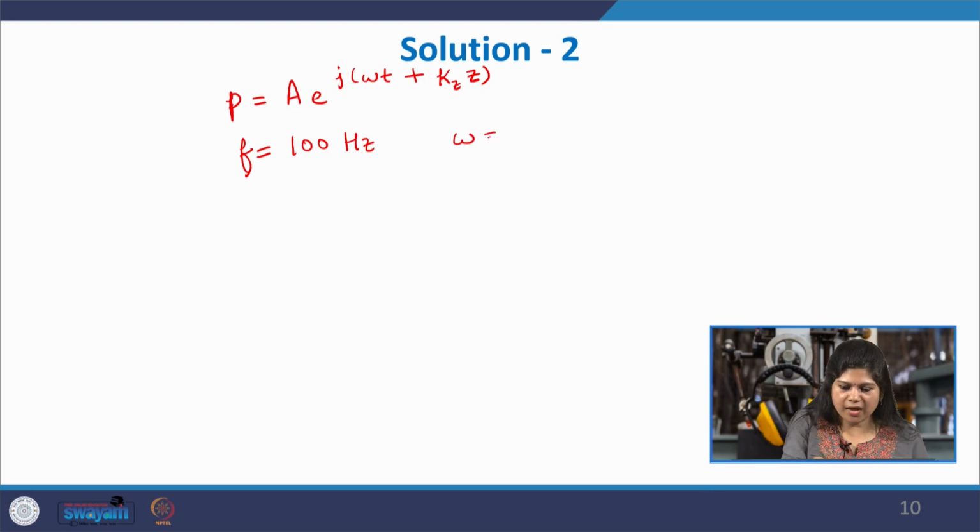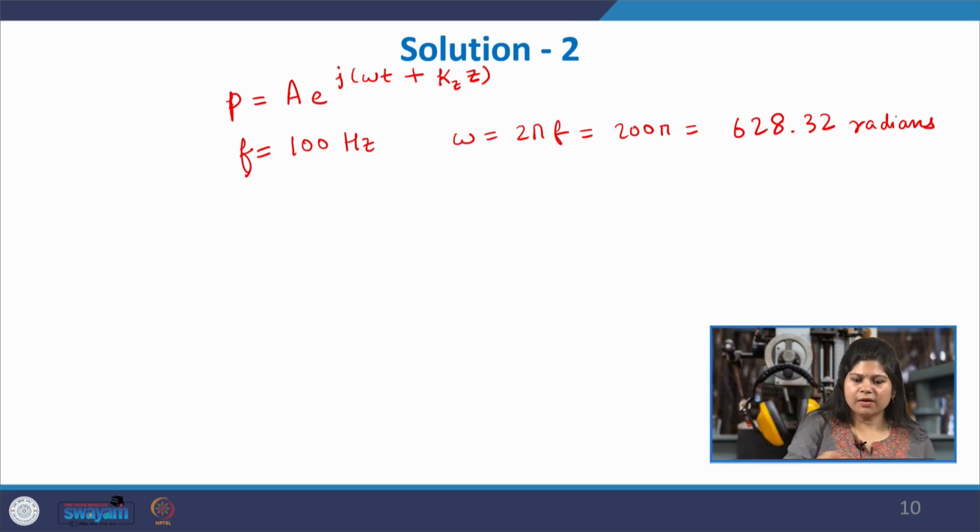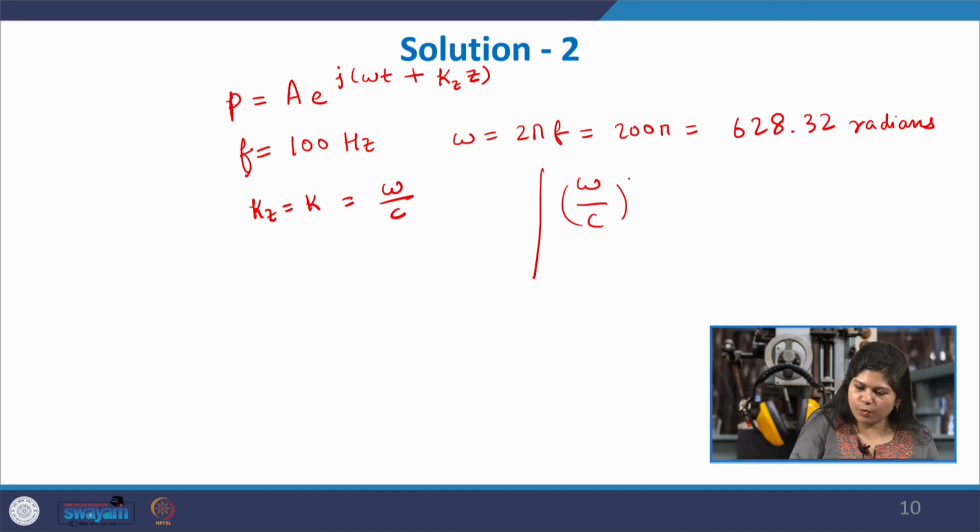So, what is omega? It is 2 pi f, which is 200 pi, which is 628.32 radians per second. And now we need to find kz, or simply k we can represent. This would be omega by c, because omega by c whole square is kx square plus ky square plus kz square.